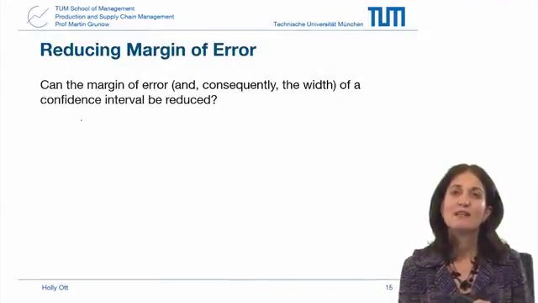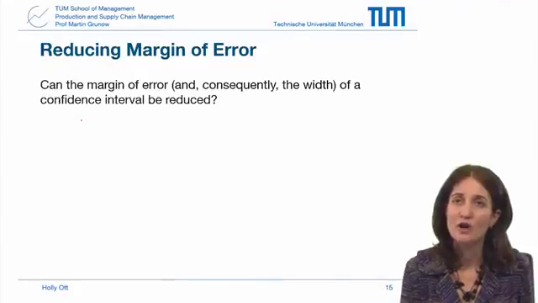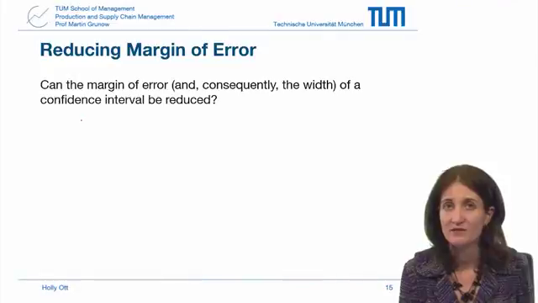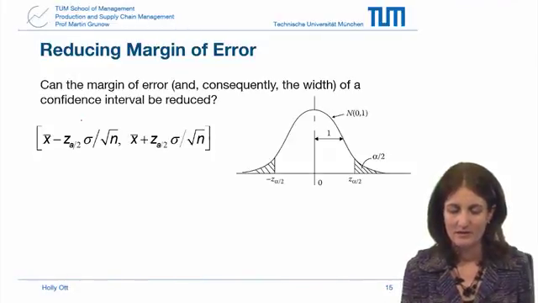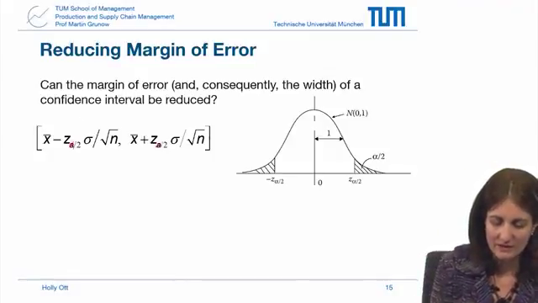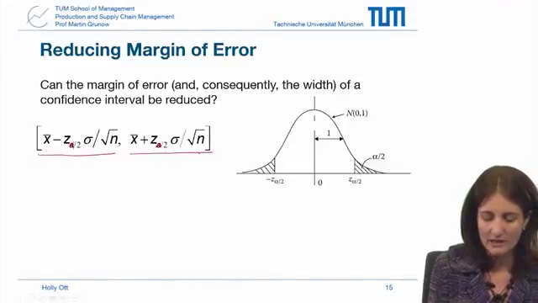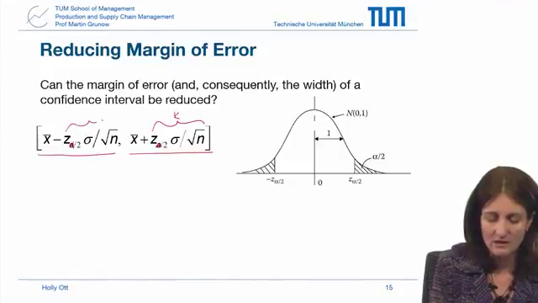Let's just look at one last thing. What are the factors to reduce the margin of error or tighten the confidence interval? So I draw this picture again. Here we have some alphas, our confidence interval, x bar minus and x bar plus constant k.